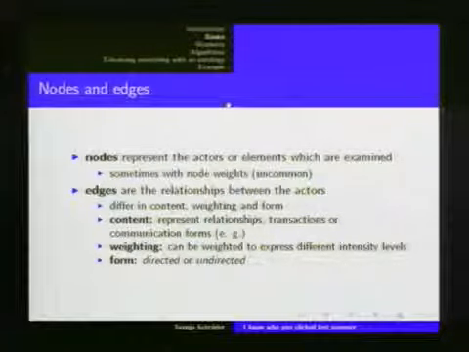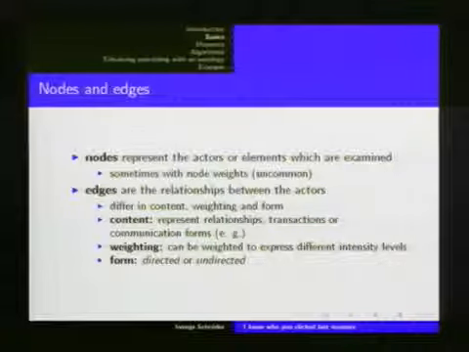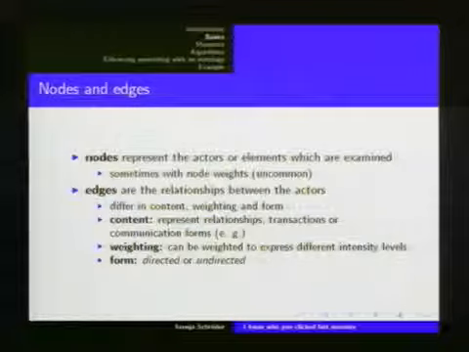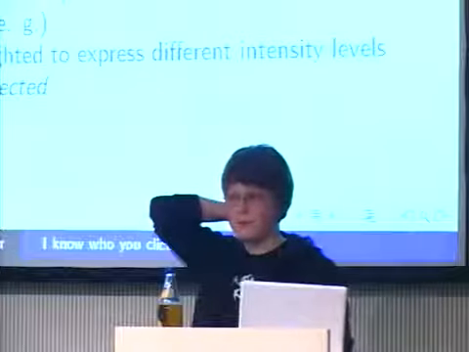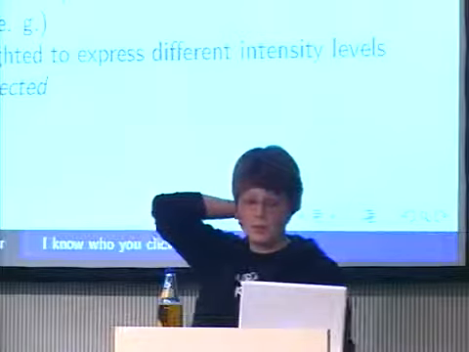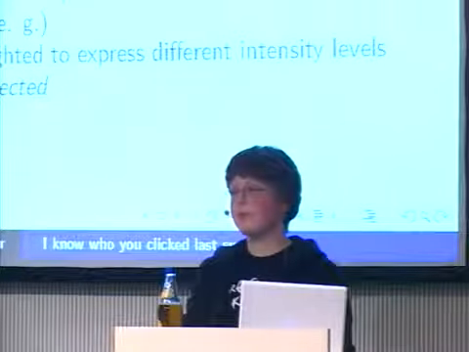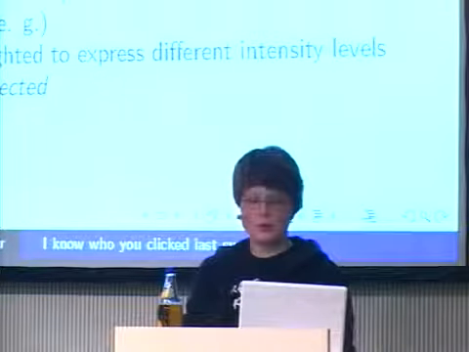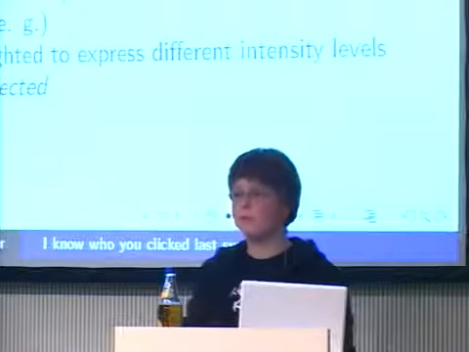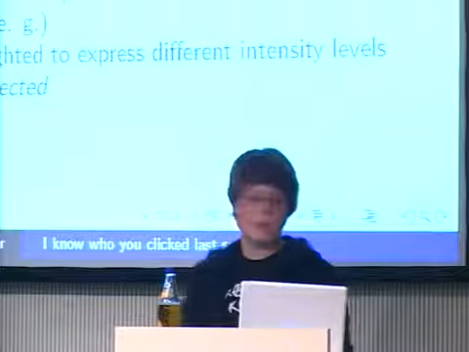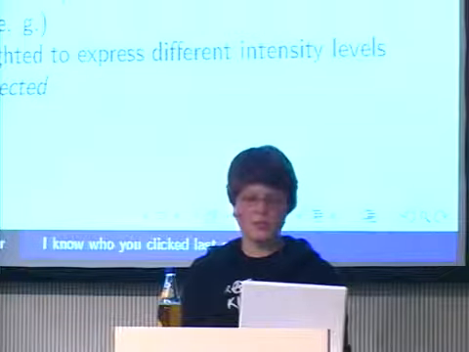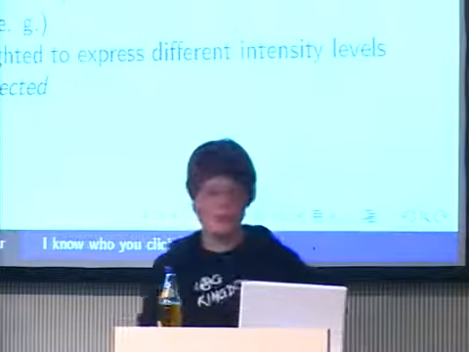So the edges represent the relationships between the actors, and they can differ in content, weighting, and form. Content means they can represent different relationships, like communication, like phone calls or Java messages, transactions like who is sending a package to whom, or every other social relationship you can imagine.